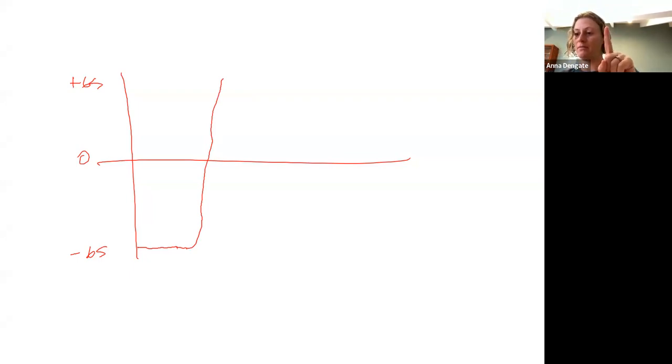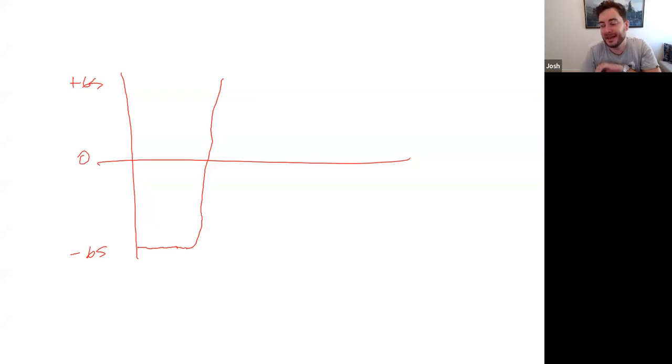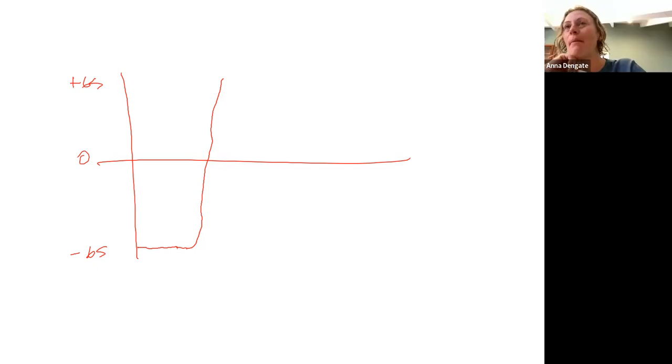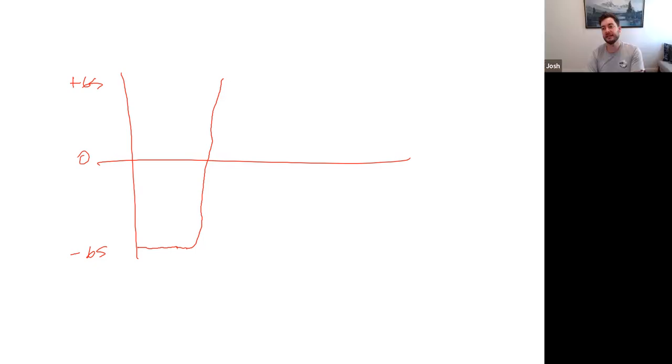It's stopped flowing. Then which channels open next? I think potassium starts pumping out of the cell. Is it pumping or is it flowing? Flowing, yes, exactly.